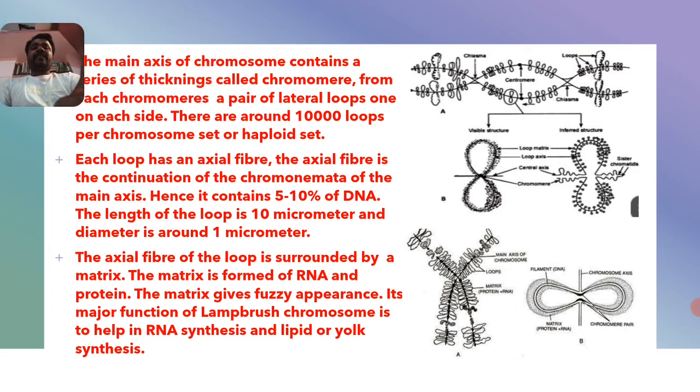From each chromomere, a pair of lateral loops is formed, one on each side. There are around 10,000 loops per chromosome set.